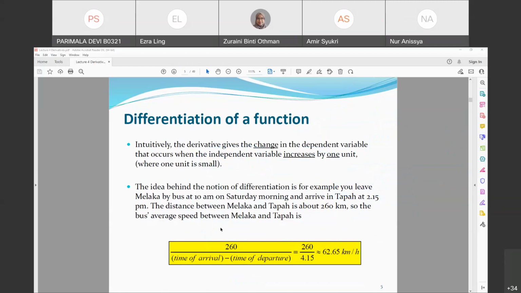So the bus average speed between Tapah is here, which is we know our time when we start our bus, then we count the kilometer after we end, then we can calculate the laju. And from there, if you do the analysis, we know about prediction.